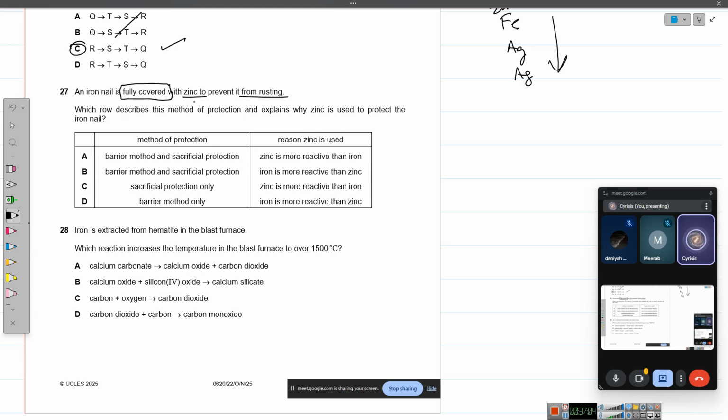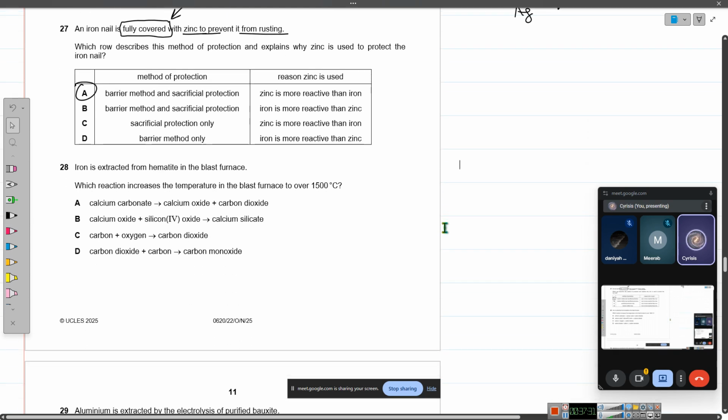And it is giving you zinc as well, so it will do both the things, right? So it is barrier, right? It is physically protecting it, as well as zinc is more reactive, so A over here, right? Keep in mind, it can do both for you, right? Not necessarily with rusting. Let's say if acid drops in, then the full coverage is also protecting you, right? So both of these things are there, right?